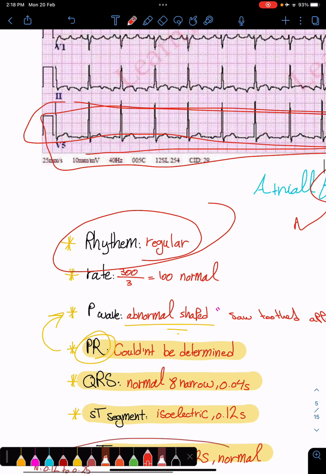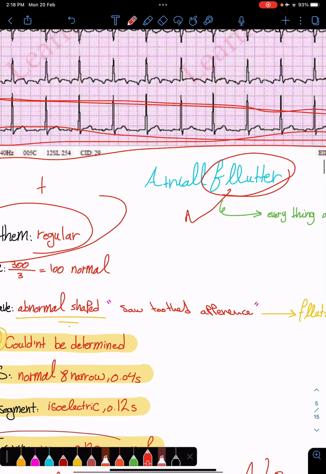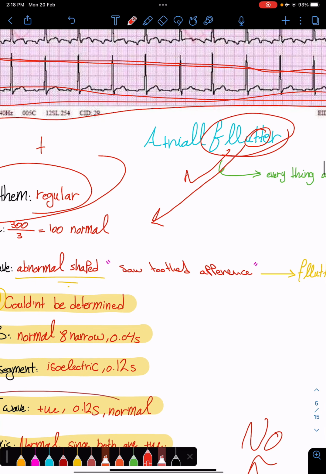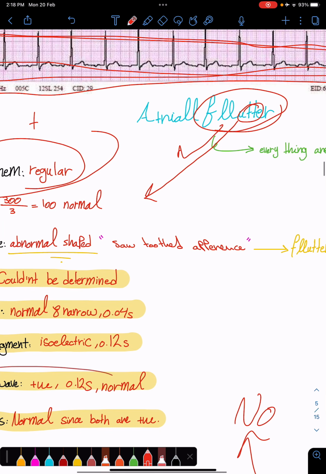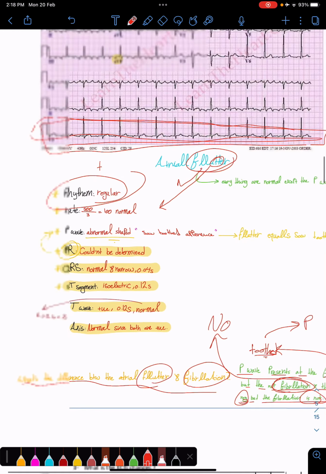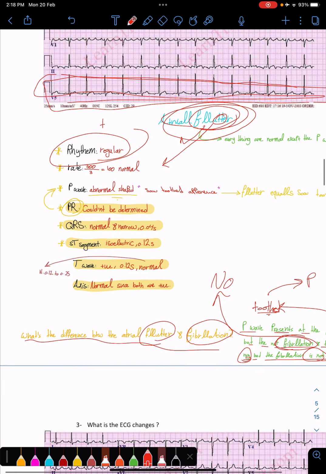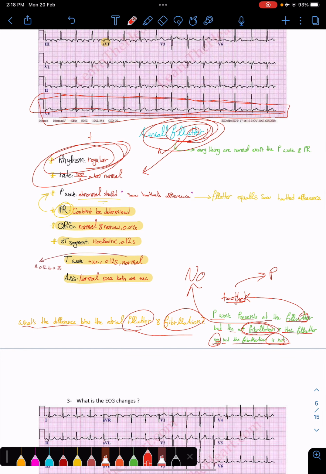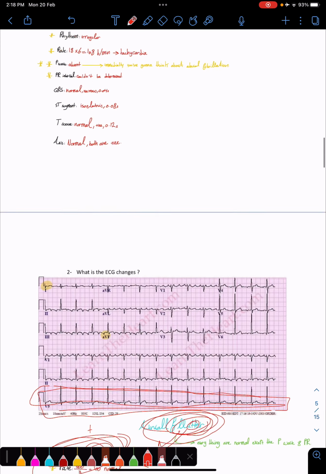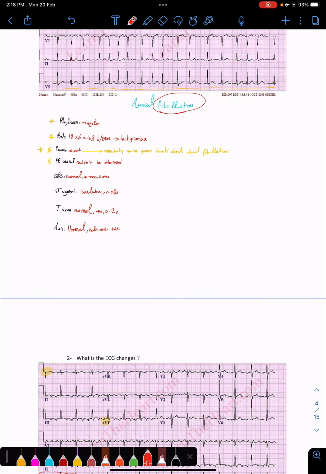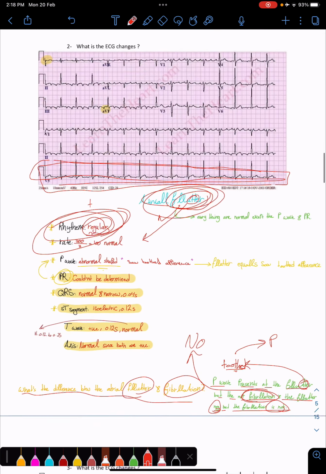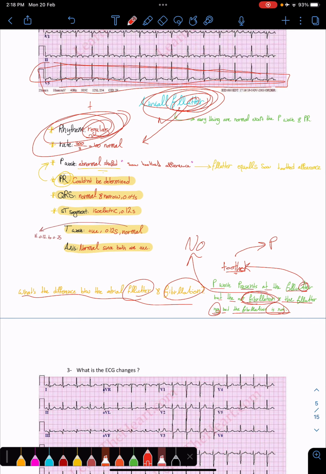Remember that once you see T, that indicates tooth, and the teeth are regular in arrangement, so that makes sense. That's why the flutter is regular, but the fibrillation is not.